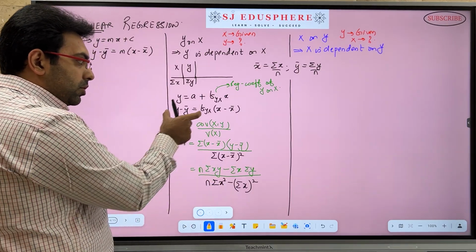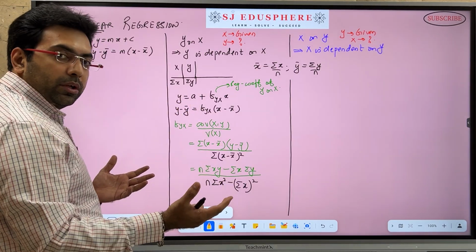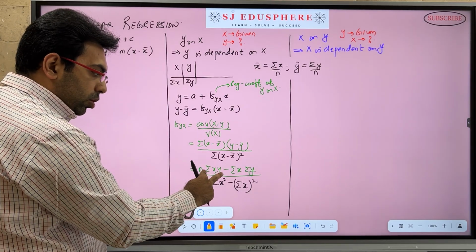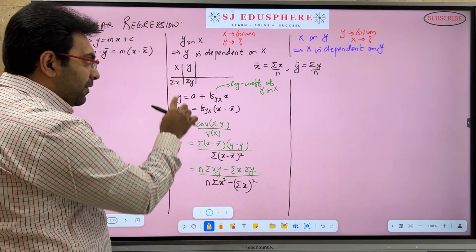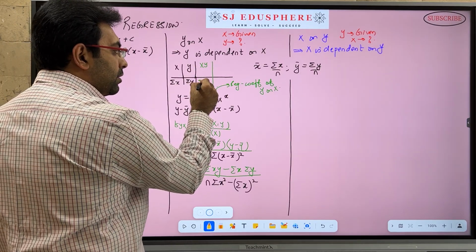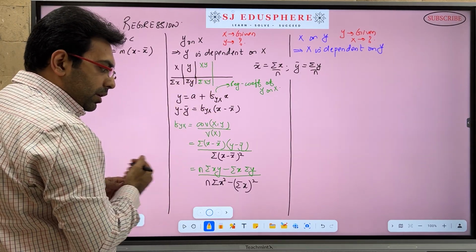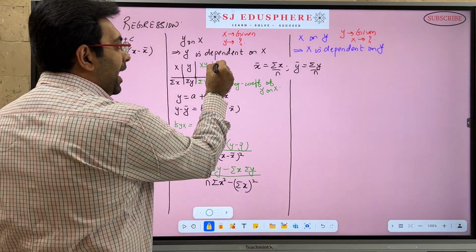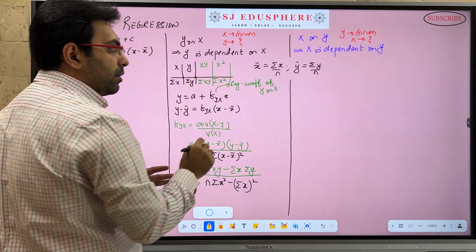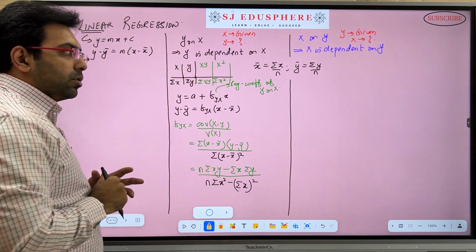Once you find this, you put it in the equation, you get your regression line of y on x. For this, what do I want? If I have x and y, my next column will be x into y, the total over here, and I need total of x square. Putting these values, you get the answer.